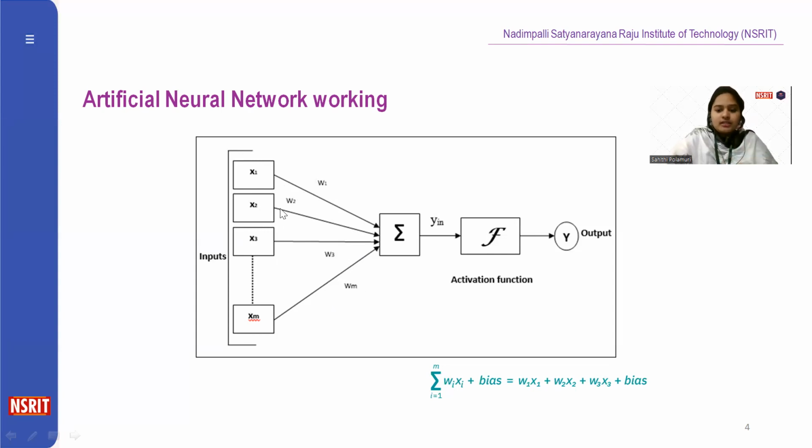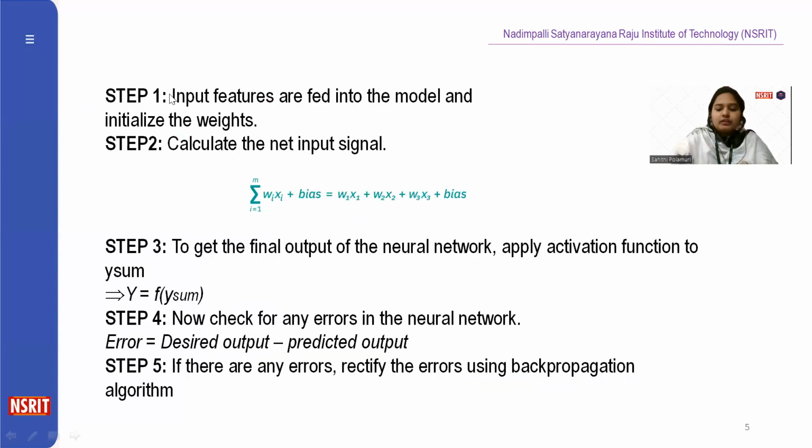The first step will be, in the input layer, we will feed all the inputs and then we will initialize the weights. The second step is we have to calculate a net input signal. This is a very important step.